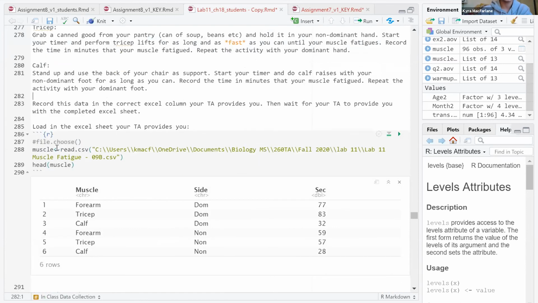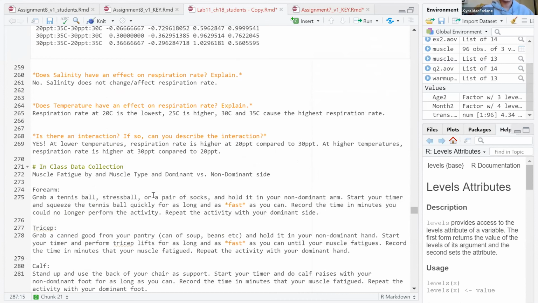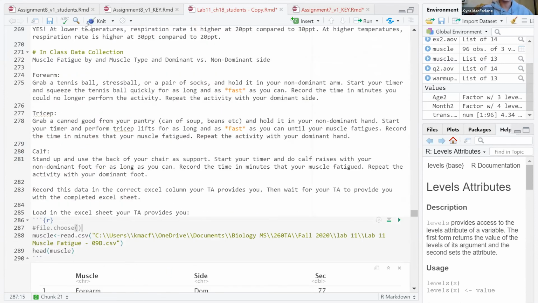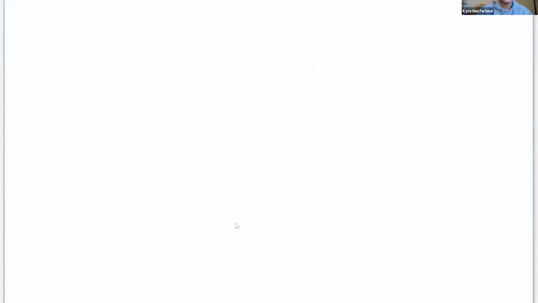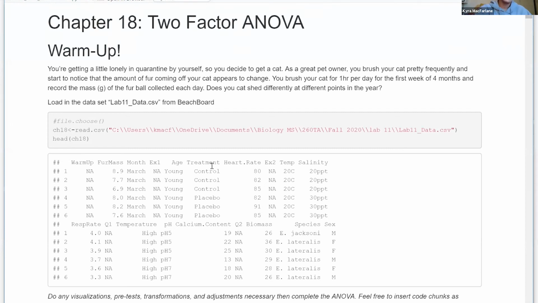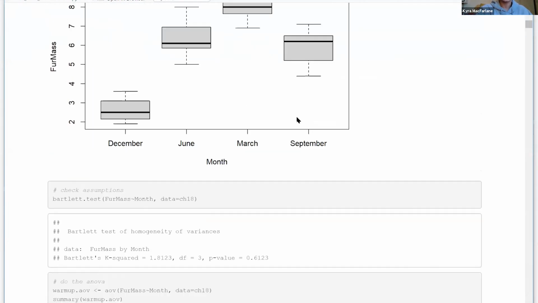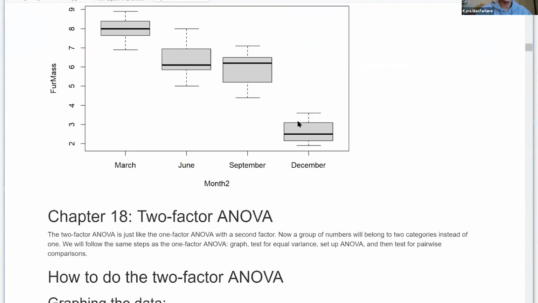So hashing them out so that it doesn't run. And now I'm going to click on this knit button. Knit. And it takes a couple of seconds to do it. But when you do it, it knits out into these really nice and really easy to look through documents.